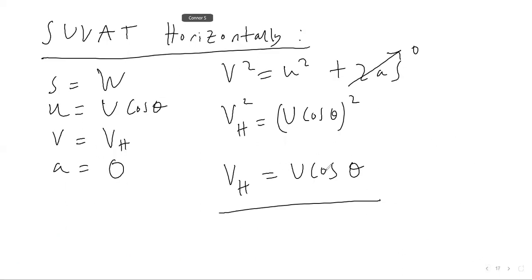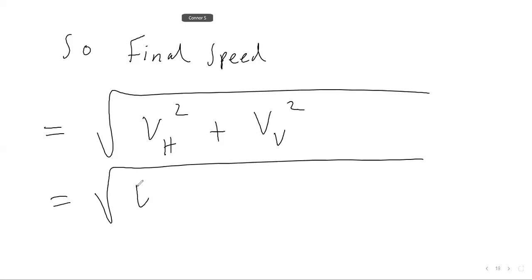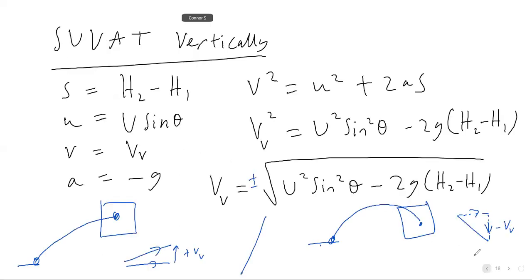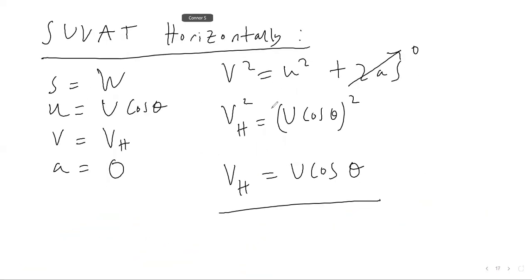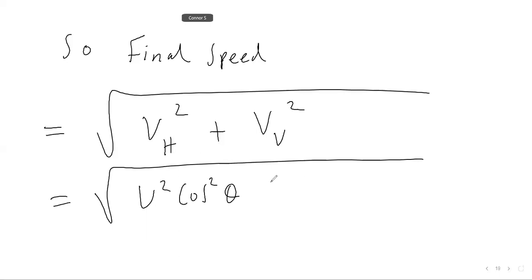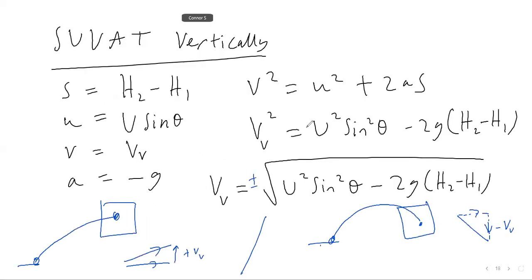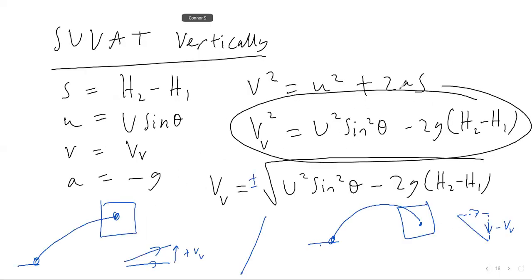So this here, u cos theta. We want it squared, so it's going to be u squared cos squared theta. Remember our Vh squared was this there, so we're just copying that. And then plus our Vv squared, so it's actually this result there.